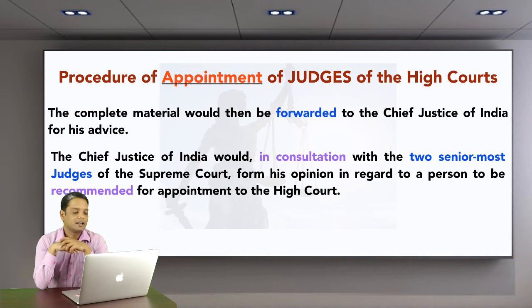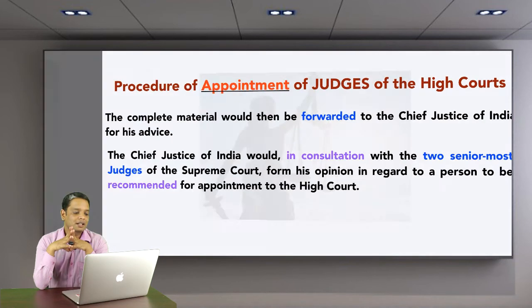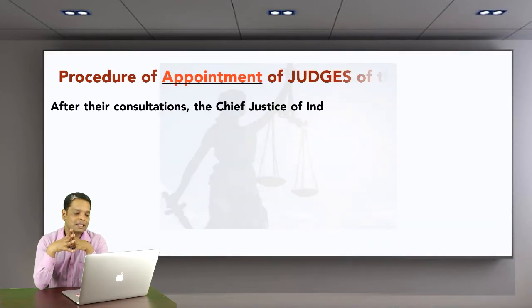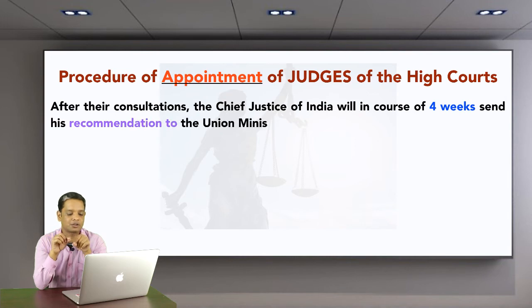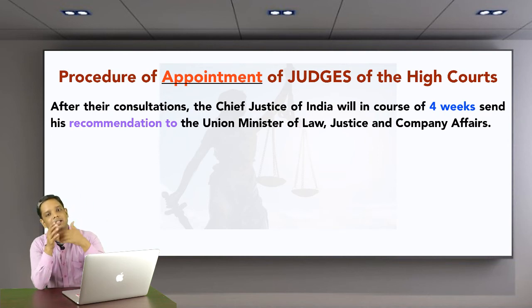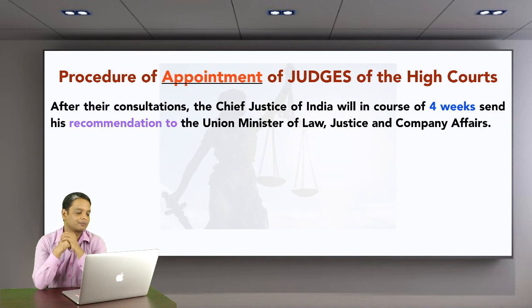Next step is, after their consultation, the Chief Justice of India will, in the course of 4 weeks, send his recommendation to the Union Minister of Law, Justice and Company Affairs. So again, first the Law Ministry sends all the details to the Chief Justice, and the Chief Justice, after consultation with the two senior-most judges of the Supreme Court, returns that recommendation to the Law Ministry.